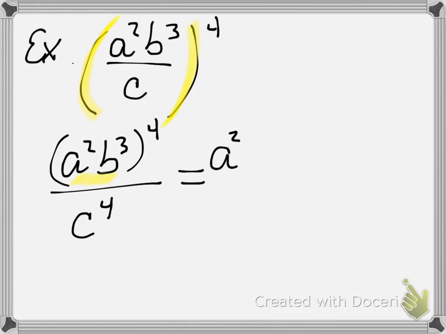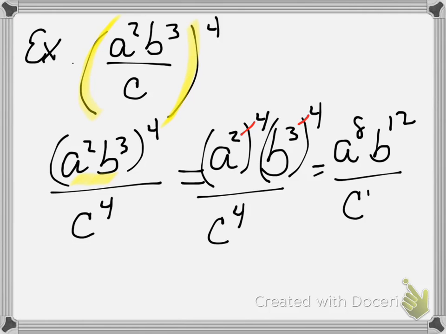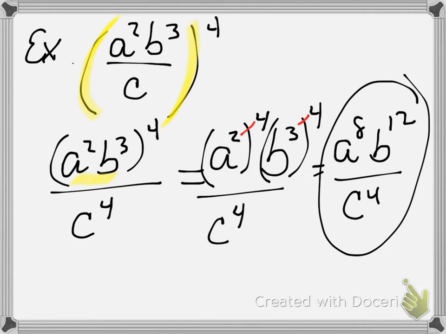So a squared to the fourth, b cubed to the fourth over c to the fourth. So I know using my power to power rule, I know I can multiply those, my little trick. So that would be a to the 8th and b to the 12th over c to the 4th. And that's as far as I could go.